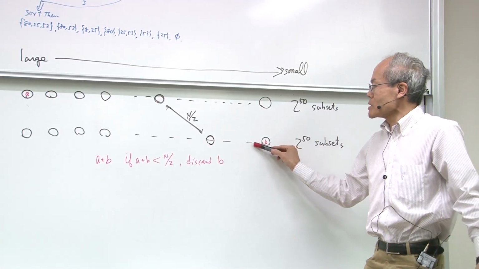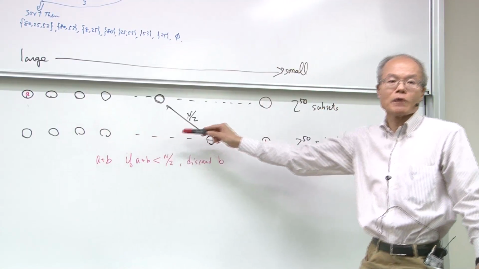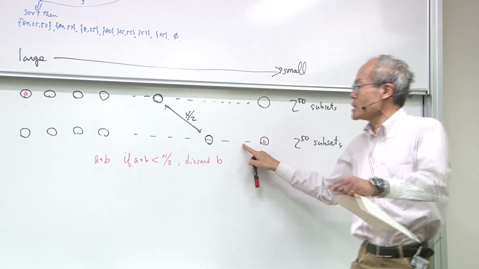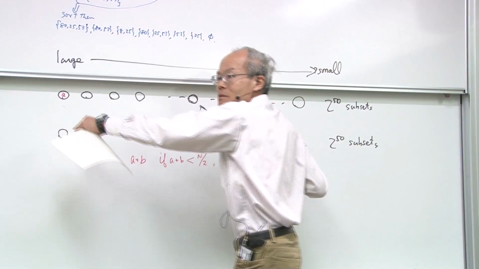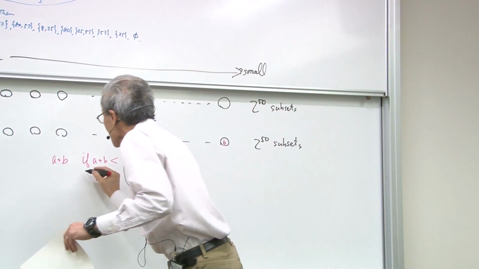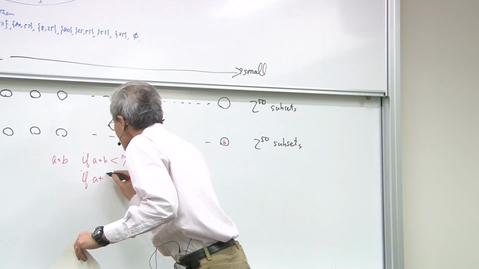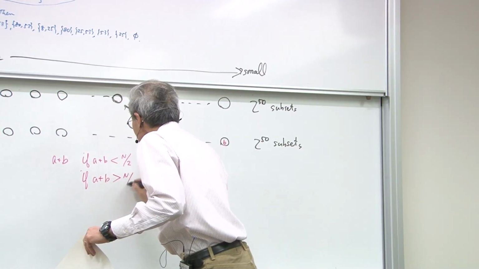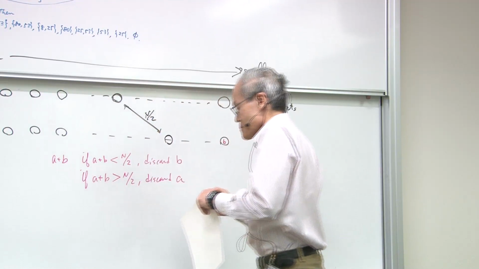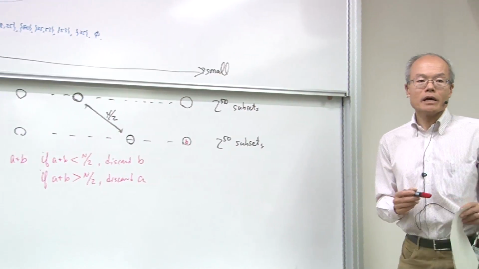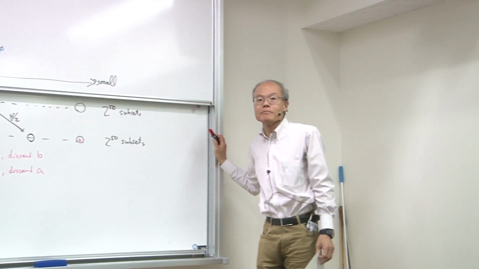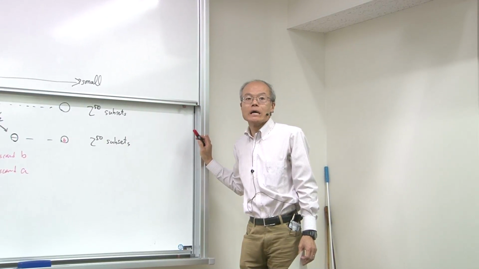Then this list becomes smaller by 1. You do the same thing with the smallest guy and the largest guy. Now, if A plus B is greater than n over 2, discard A. In that case, the upper list becomes smaller by 1.